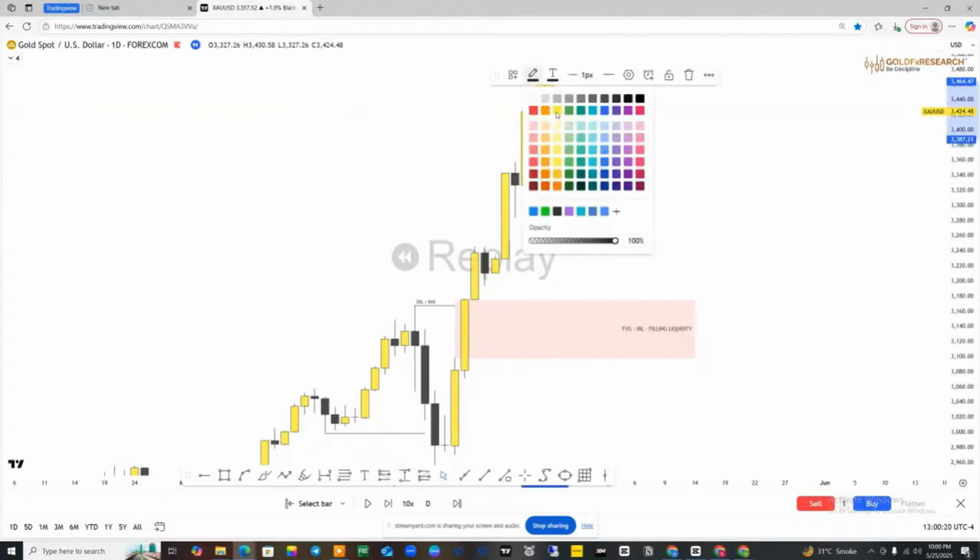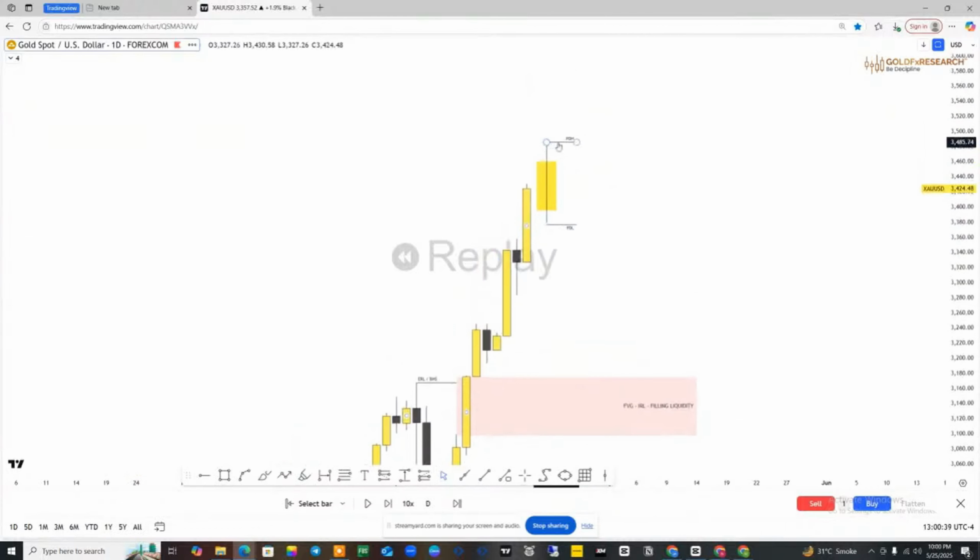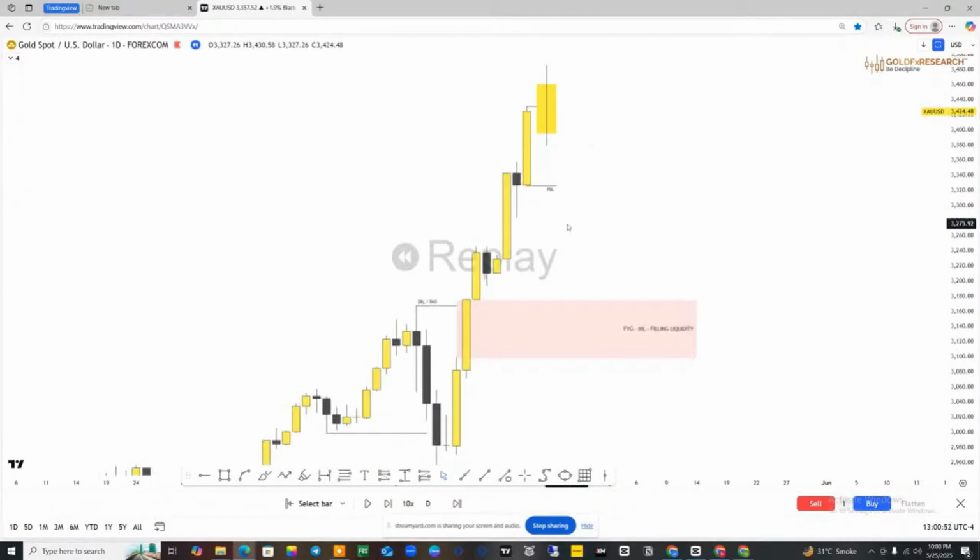If the next day's candle also closes above the previous day's candle, then we will simply mark the previous day's high and low of this candle and wait to see if the market crosses the high of this candle and then closes back inside it, forming a reversal candle. At that point, we will look for a selling opportunity again. This depends on the upcoming candle. All right.